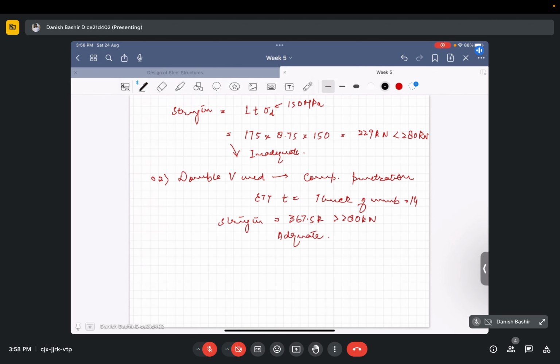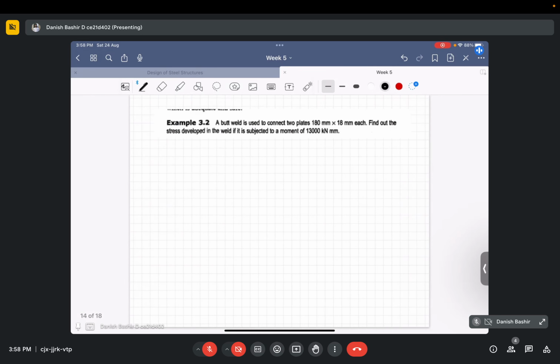Okay, we solved the first problem. Then moving forward, we have one more problem. A butt weld is used to connect two plates, 180 mm and 18 mm each.